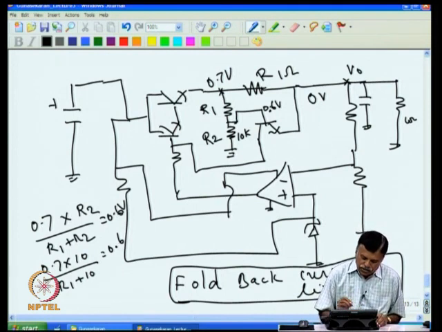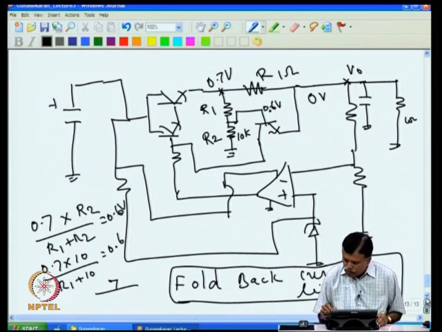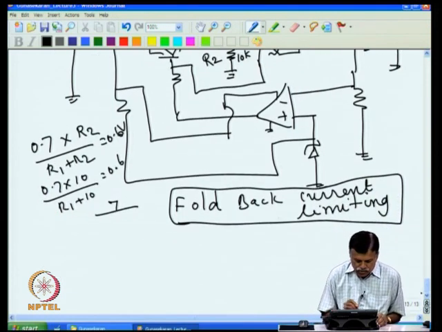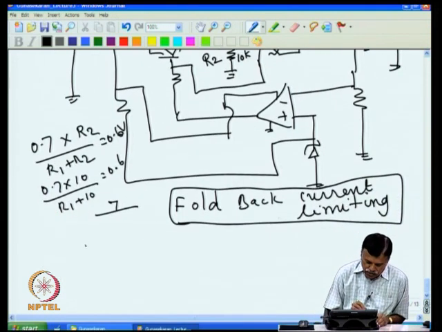The R1 will roughly come around 1K, because if you calculate this back, you will get 0.7 volt at the top, and then down here you will get this. So if you redraw this one, that is 7 divided by R1 plus 10 becomes 0.6.